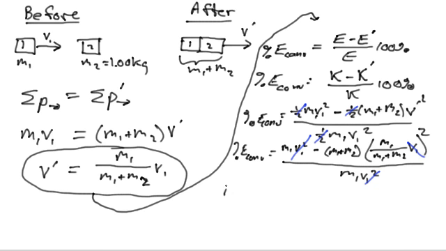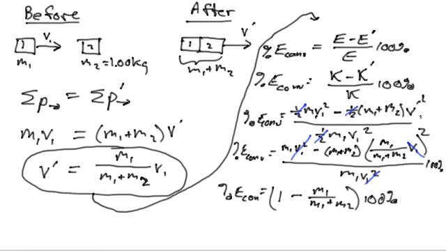So the percent energy converted is just 1 minus m1 over m1 plus m2, then times 100%, which I left off in these two steps.